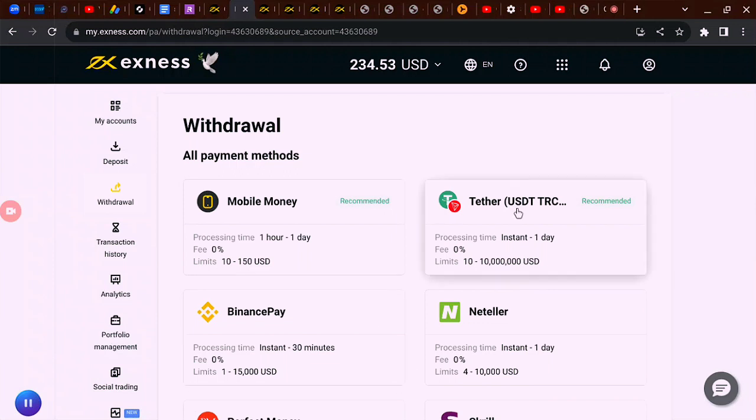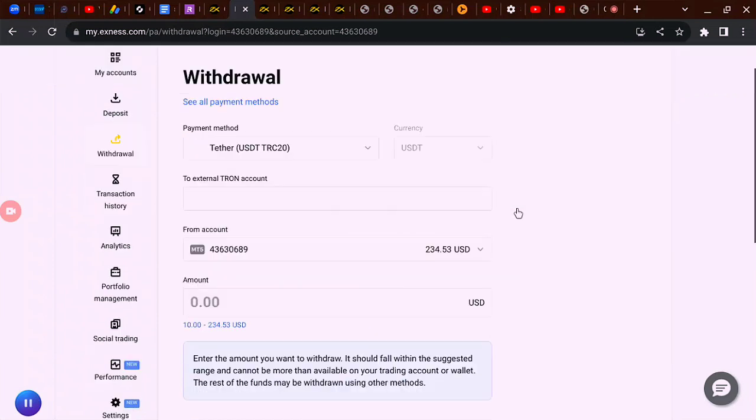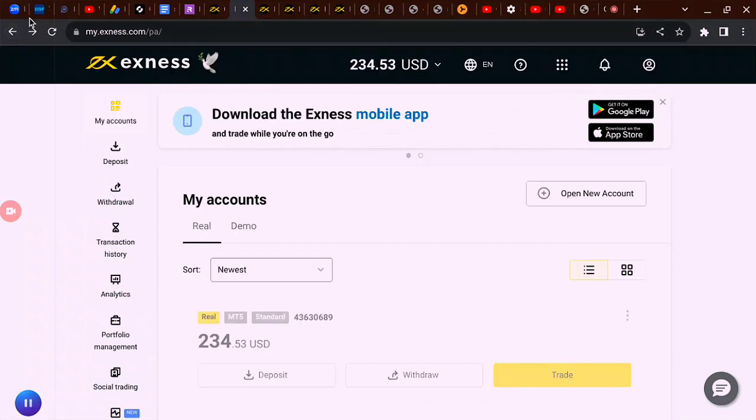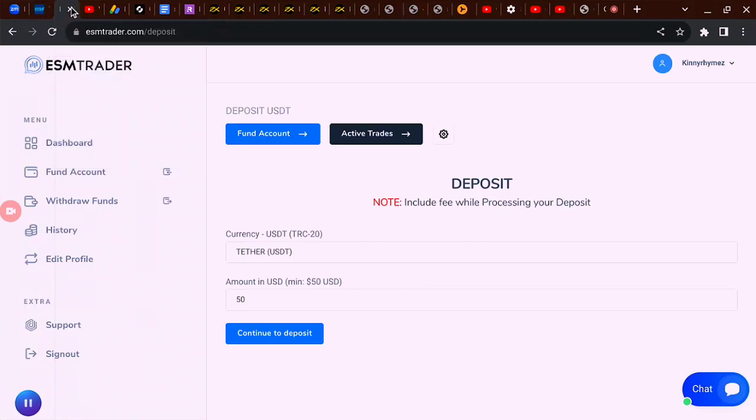You paste your address over here and enter the amount, let's say 50 USD. Then you deposit the amount over there. But since this is a demo, I will not deposit any money over there. So you will get the money here. This is how you do it.